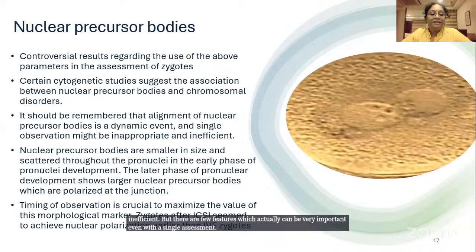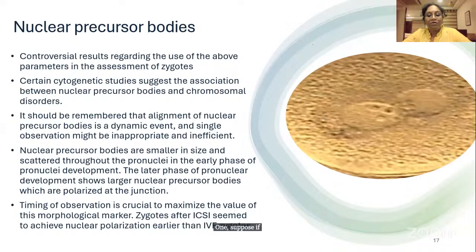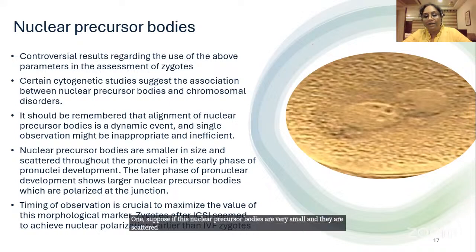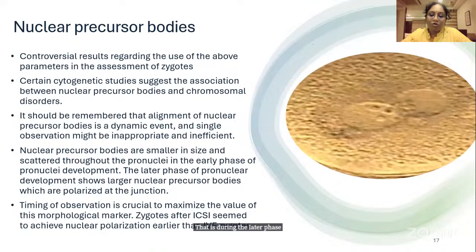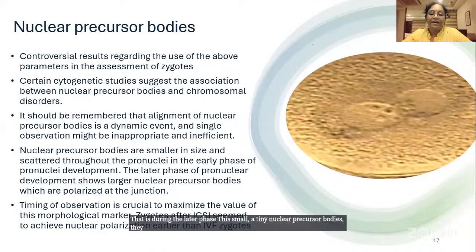One, suppose these nuclear precursor bodies are very small and scattered throughout the pronuclei, that indicates the early phase of pronuclear development. Whereas during the later phase, these small, tiny nuclear precursor bodies merge or fuse and become bigger, and get polarized at the junction.